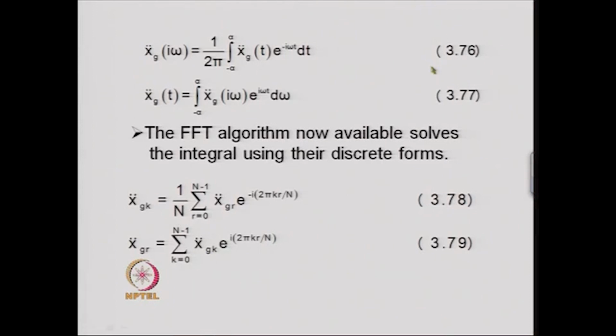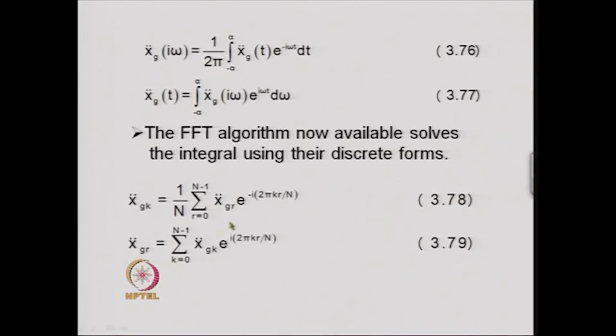Once we give the x double dot g, that is the ground acceleration sampled at delta t interval, and put it into FFT, then the FFT gives us the frequency contents of the ground motion in the complex form, and if that frequency content in the complex form is given to IFFT, then the IFFT gives back the original time history of ground acceleration.